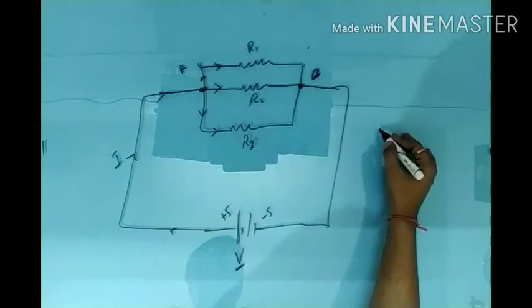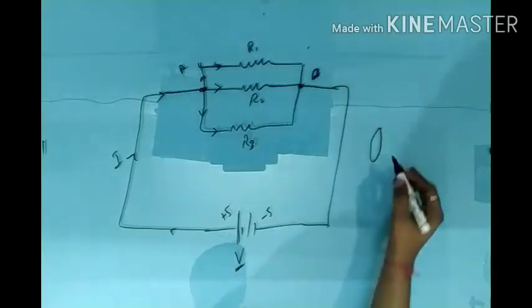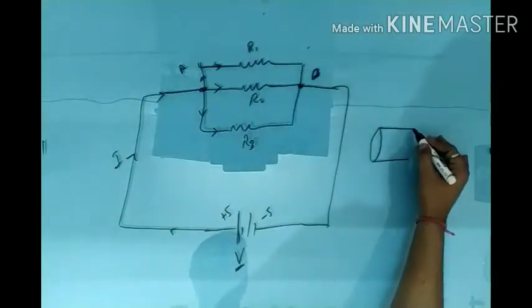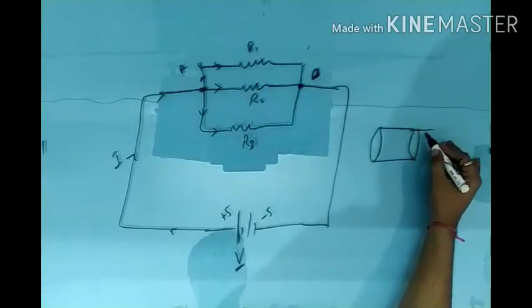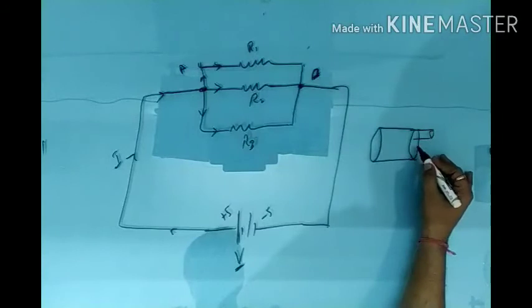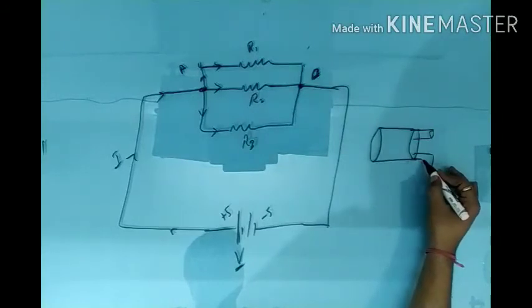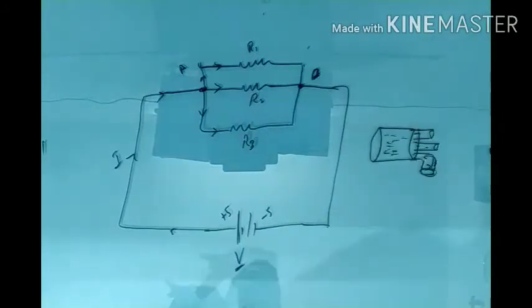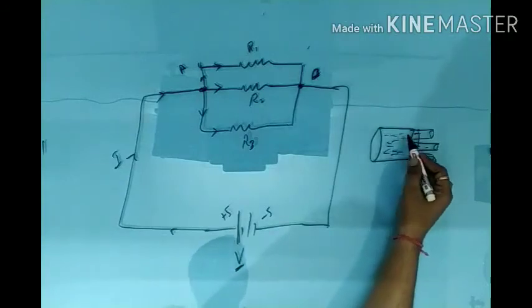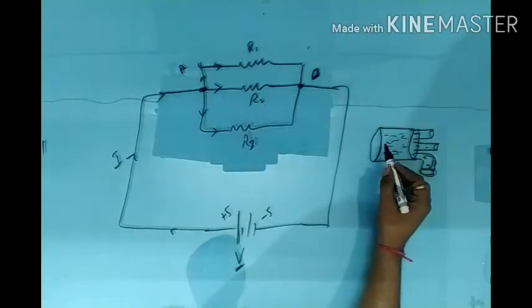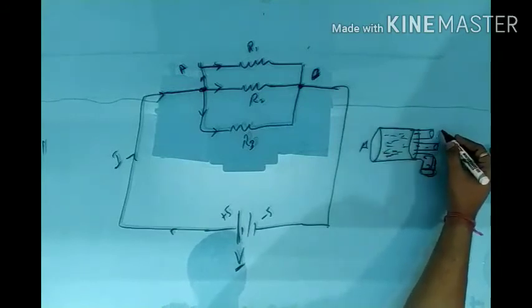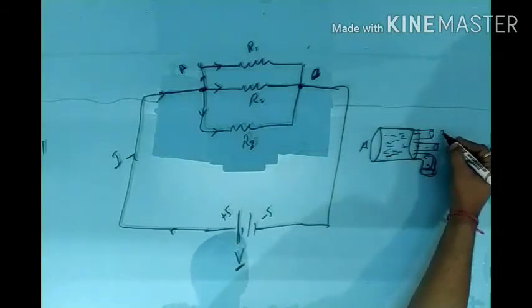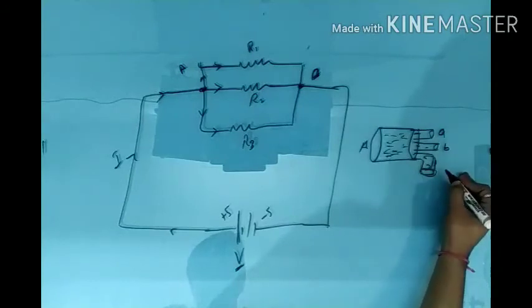Just like we have a pipe in which water is flowing. Now again we have connected 3 different pipes. So the total water flowing through pipe A is divided into different parts, that is small a, small b and small c.